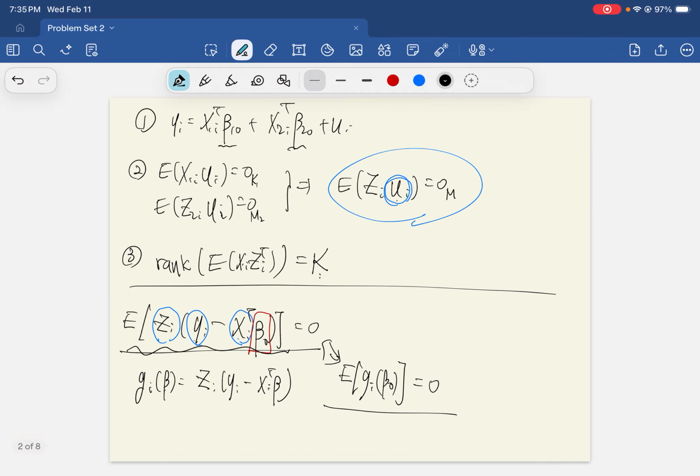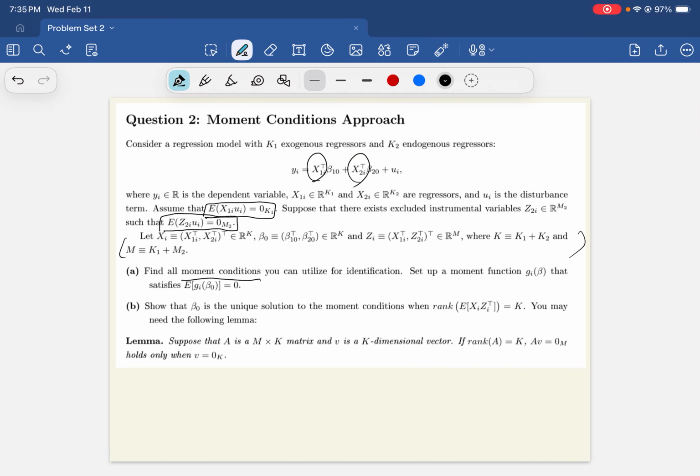But look at the lemma. The lemma says if A is an n by k matrix and the rank of A is k, then A times a vector equals 0 only when the vector is 0. So in these linear equations, the solution v is only 0, because all the columns of A are linearly independent.